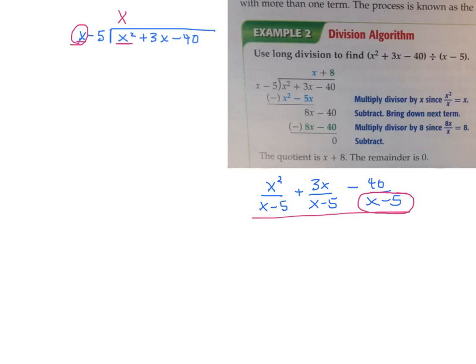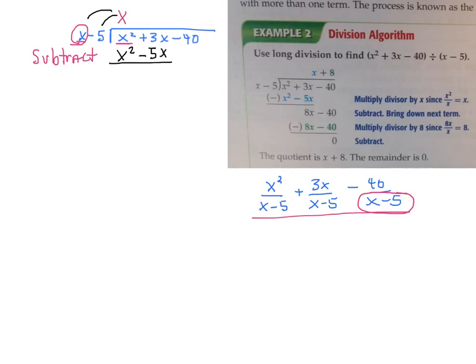I now take this x and I multiply everything on the outside by it, and I line up my terms. So x times x is x squared, x times negative 5 is negative 5x. Key point here. Next, you always, always, always subtract.